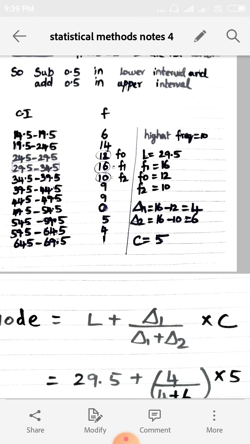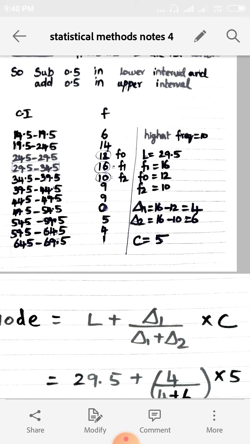So first we have to find the highest frequency. These are the frequencies given: 6, 14, 12, 16, 10, 9, 9, 0, 5, 4, 1. Which is the highest frequency, girls? F1 is the highest frequency. F0 is equal to the before term, that is 12, and F2 is equal to the after term, the next frequency, that is 10.